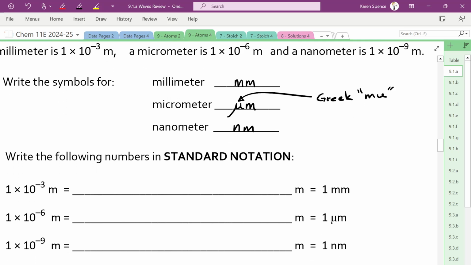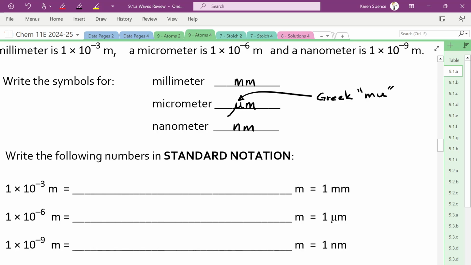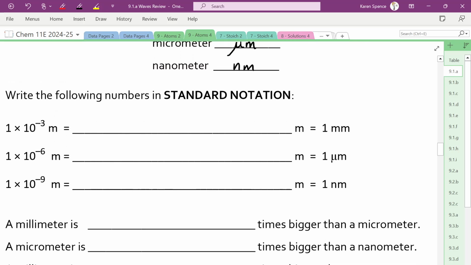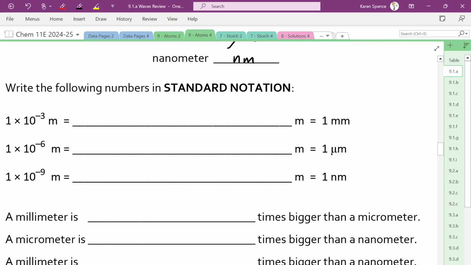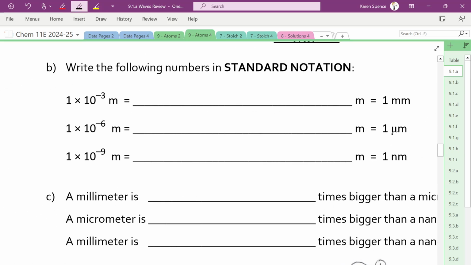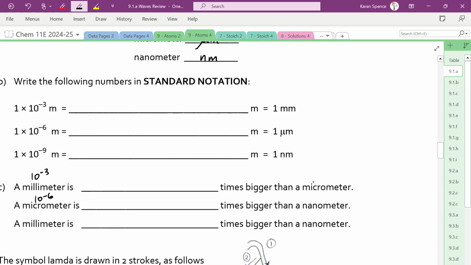I think you're probably okay with that. I also use this for enriched stuff for my grade 9, so that's why some of this stuff is here. But let's think about it. A millimeter, now remember milli is 10 to the negative 3. Micro is 10 to the negative 6. And nano is 10 to the negative 9.